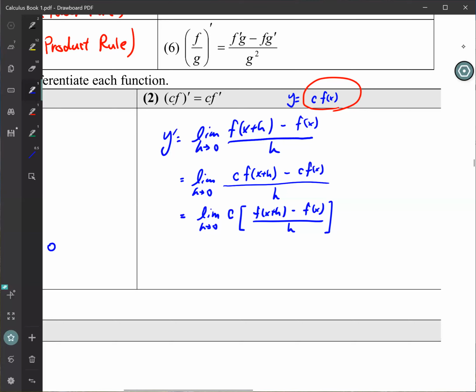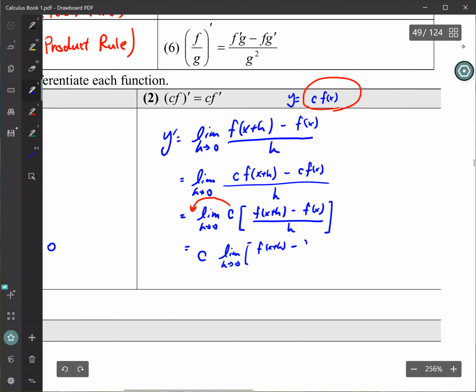Because for the limit law, if you remember from the very beginning, if there's a constant, I can always put it to the front of the limit, right? I can just take the limit of whatever is behind. So it will be the constant times the limit of f of x plus h minus f of x over h. And this part is just f prime, right?